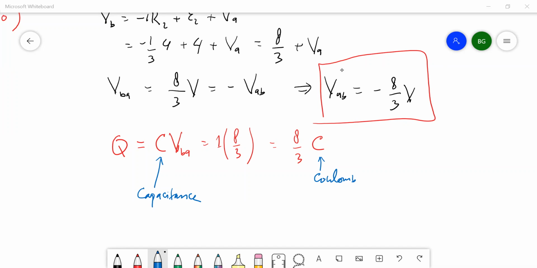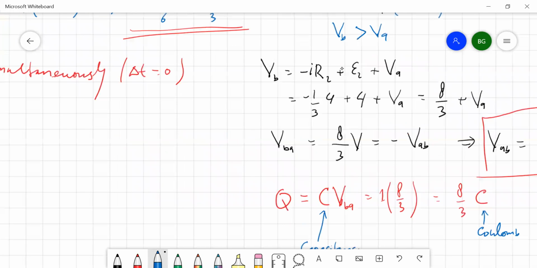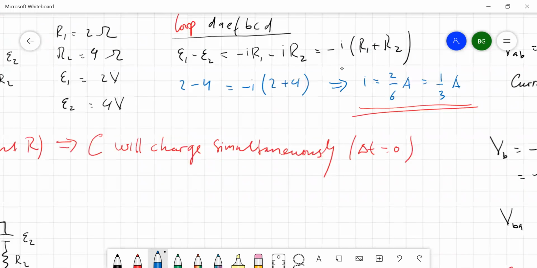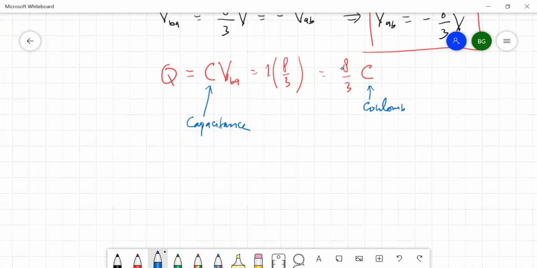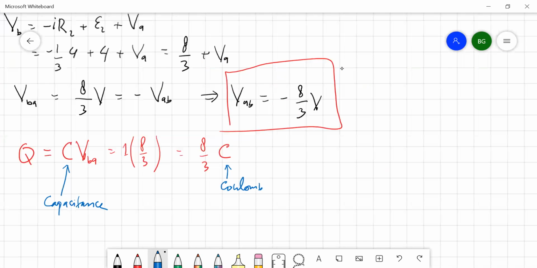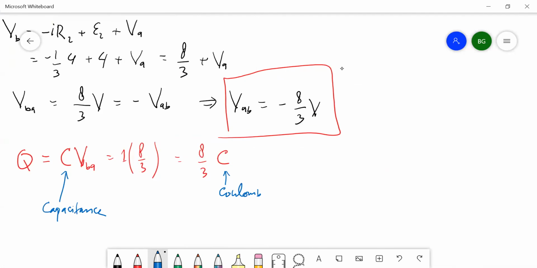Sir, for the VAB, it is minus because the current flows from B to A. So is it right, sir? So the VAB is minus because it shows that the current flows from B to A. Yes.